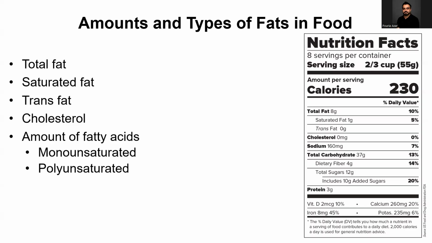But reporting the monounsaturated and polyunsaturated is optional. Some labels report the amount of mono and polyunsaturated fatty acids, but generally these are the things we see.